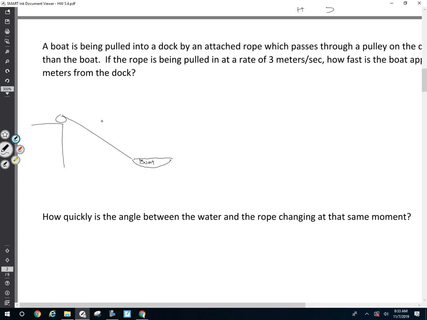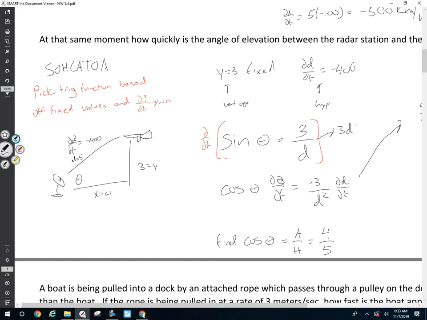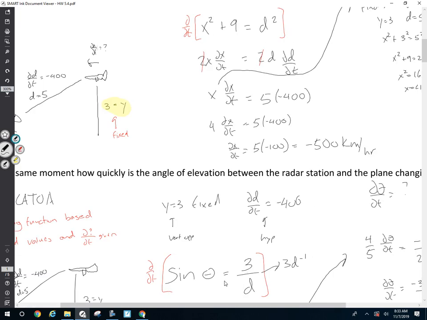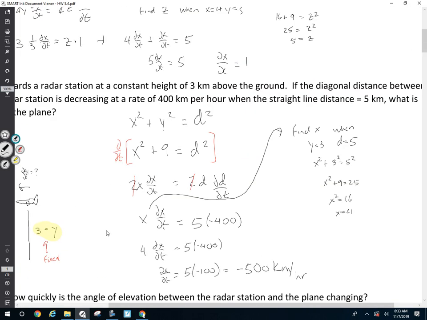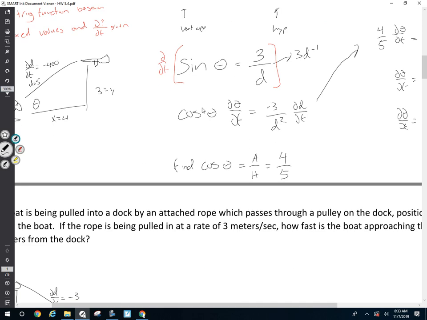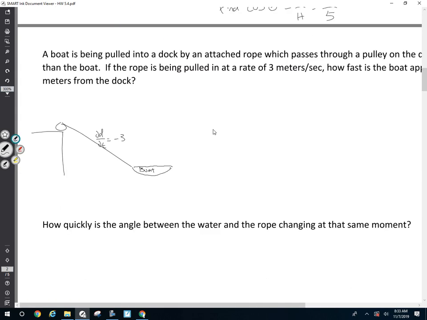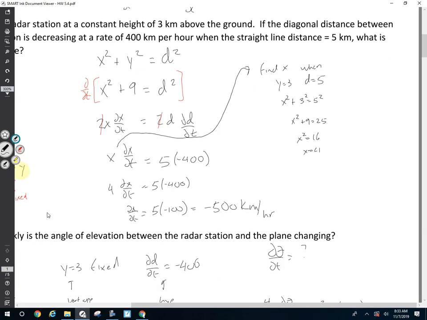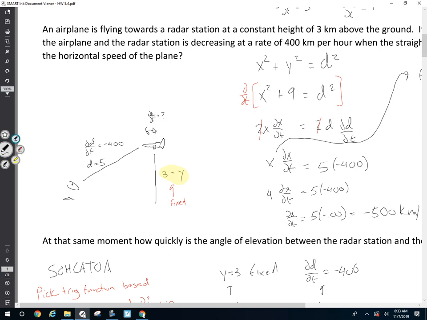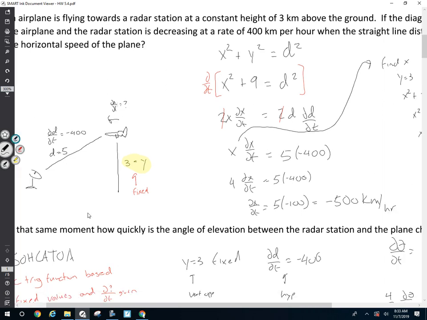Okay, so again, it's going to be dd/dt. It's getting pulled in. I'm going to say that dd/dt is negative. It's decreasing. Okay, so we're good. We found that dx/dt was negative. It's not really because I'm going to the left. It's because I'm coming towards the radio station.